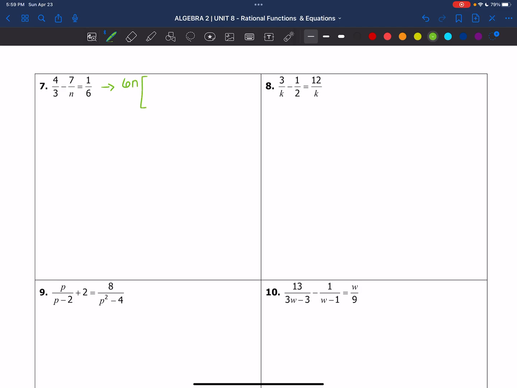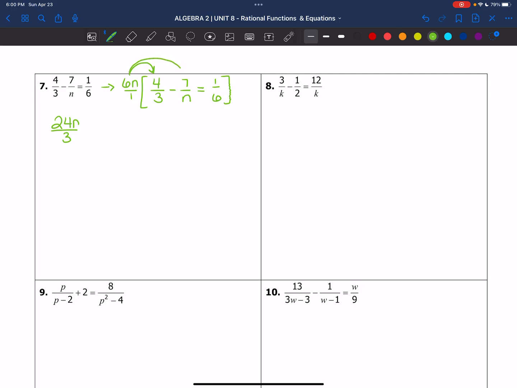So you're kind of just multiplying by that onto every single term. Every single term is going to get multiplied by 6n. So what does this look like? It looks like saying 6n times 4/3. Well, it's just multiplying the numerators, which is going to give us 24n over 3.